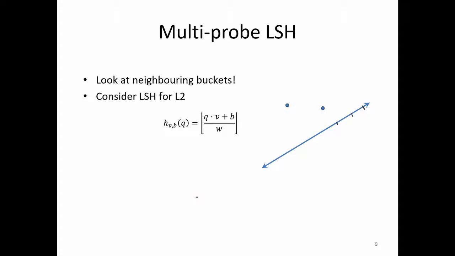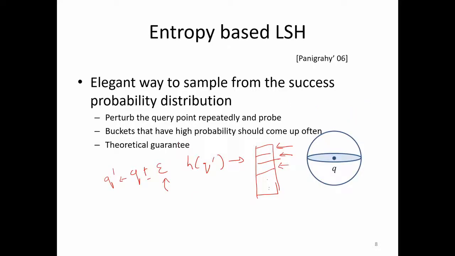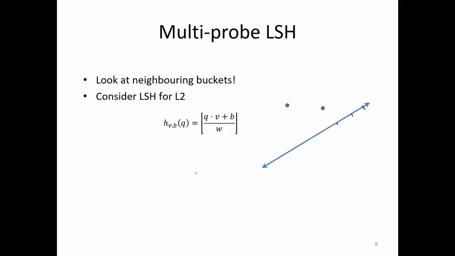You remember we discussed this previously, and we have not utilized the property of the hash function. Can we utilize the property of this hash function to do this better?